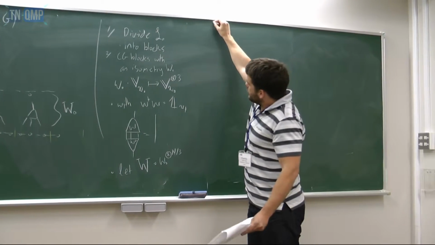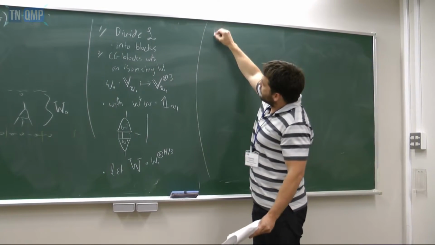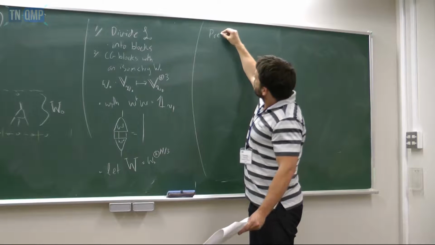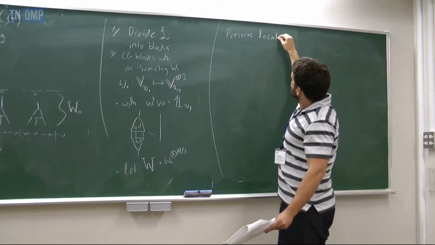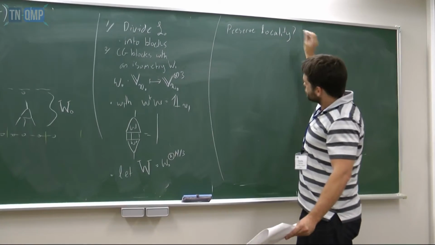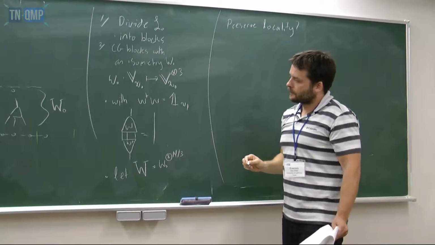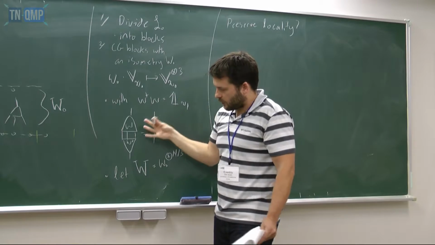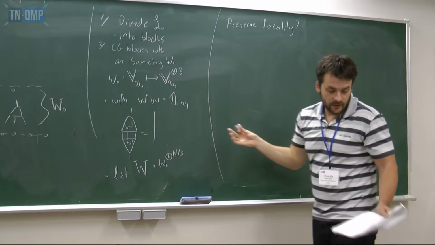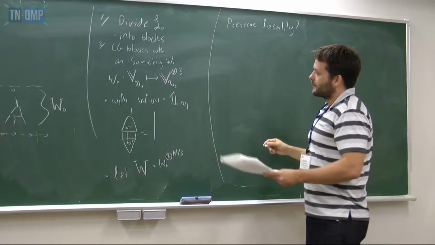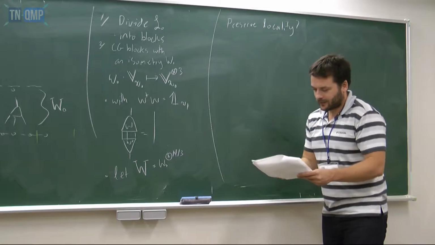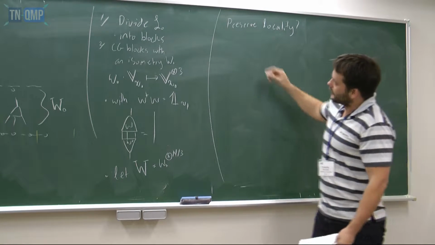So question, does this preserve locality? And here, this property of it being an isometric mapping is very important, and we'll see that yes, this transformation does indeed preserve locality.